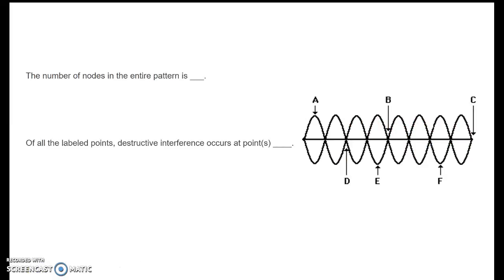The number of nodes for the entire pattern, again, 1, 2, 3, 4, 5, 6, 7, 8, 9. And destructive interference occurs at what points? Well, at D, at B, and at C. That's where we see destructive interference, B, D, and C. And so we can look at standing waves and patterns, and we can identify things.